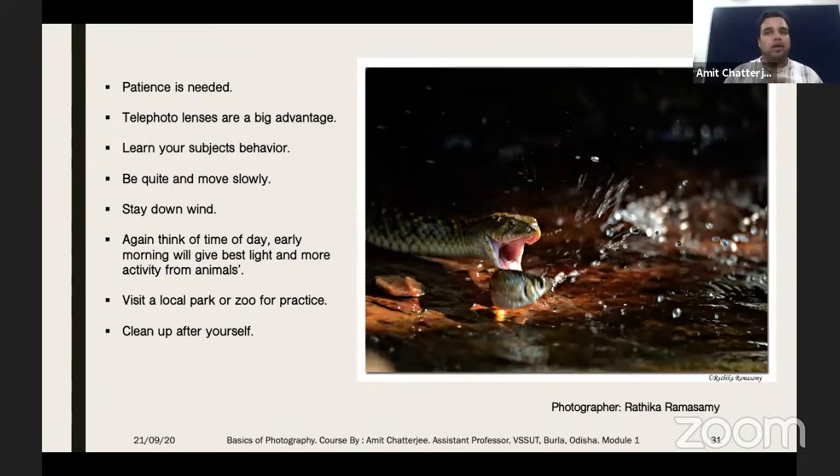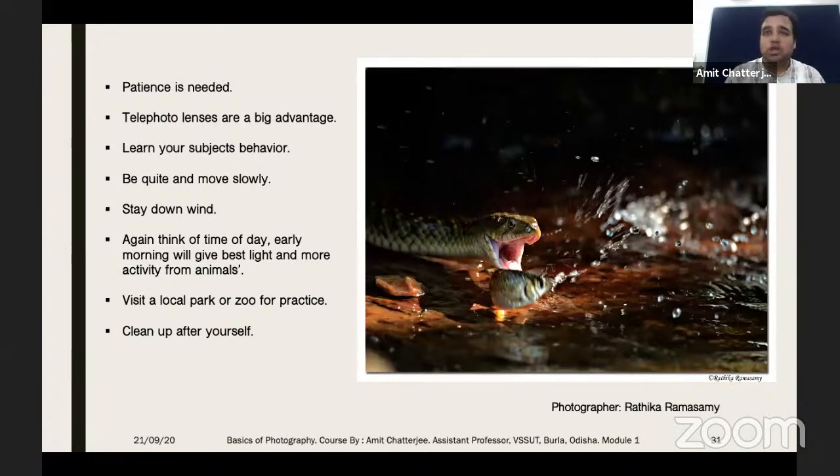So there are a lot of things technically that you have to be strong about if you want to do wildlife photography. As I said, you have to be quiet and you have to move slowly. You have to think of the time of the day that you want.